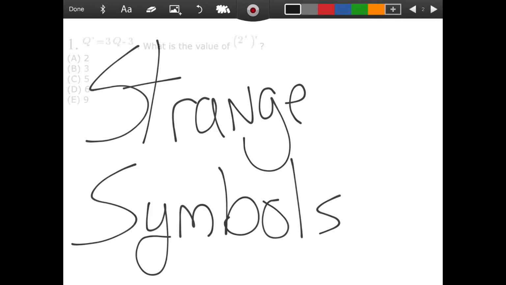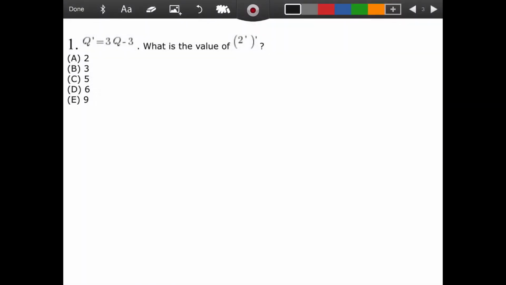I was reading a tip on strange symbols in SAT math, and they almost said that the left side of the equation is like a recipe. So we'll say Q prime is the recipe.